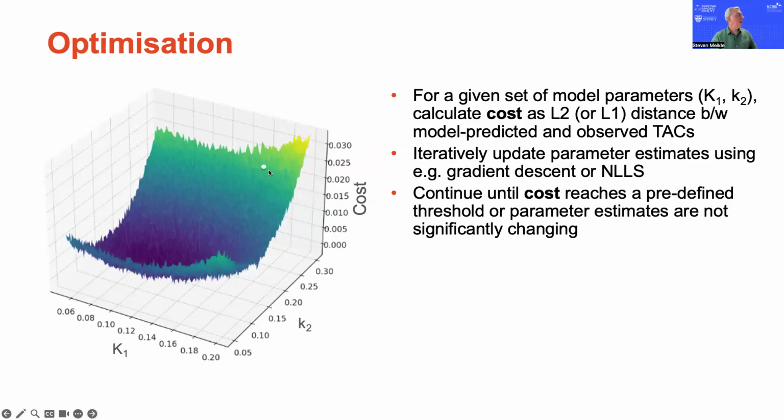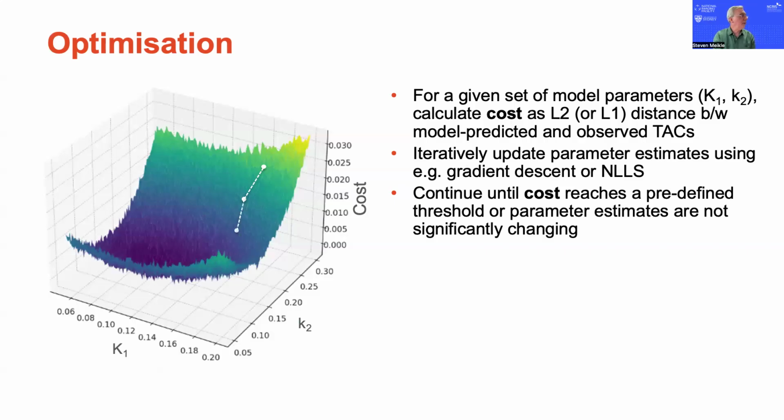So we might start with an initial guess for K1 and K2. This is a surface plot for our K1 and K2. The green surface there is the actual cost function for a particular data set. We start off with an estimate, calculate our cost, and then we use some kind of gradient descent or nonlinear least squares algorithm to find a better estimate.